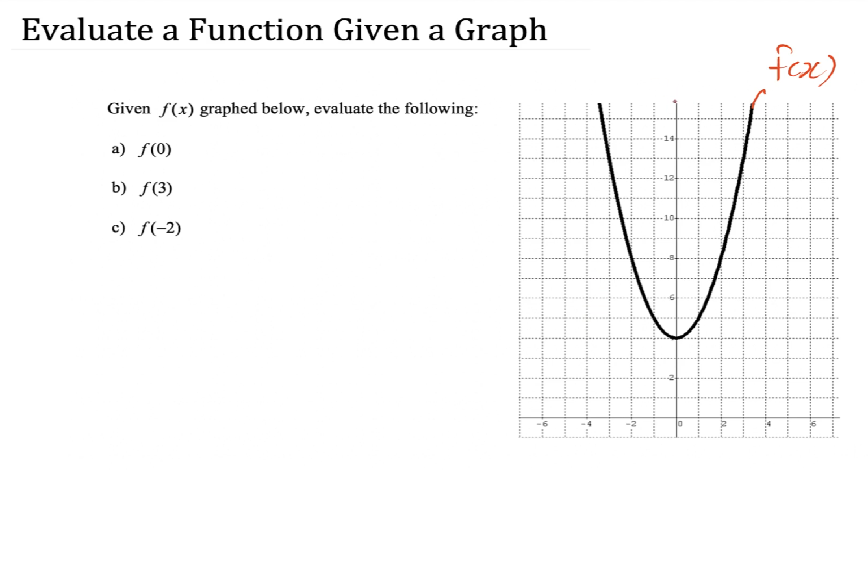Now remember, your vertical line represents your y-axis, and the horizontal line represents your x-axis. Also look at your intervals. Don't assume that every little square is a 1, so we must check.